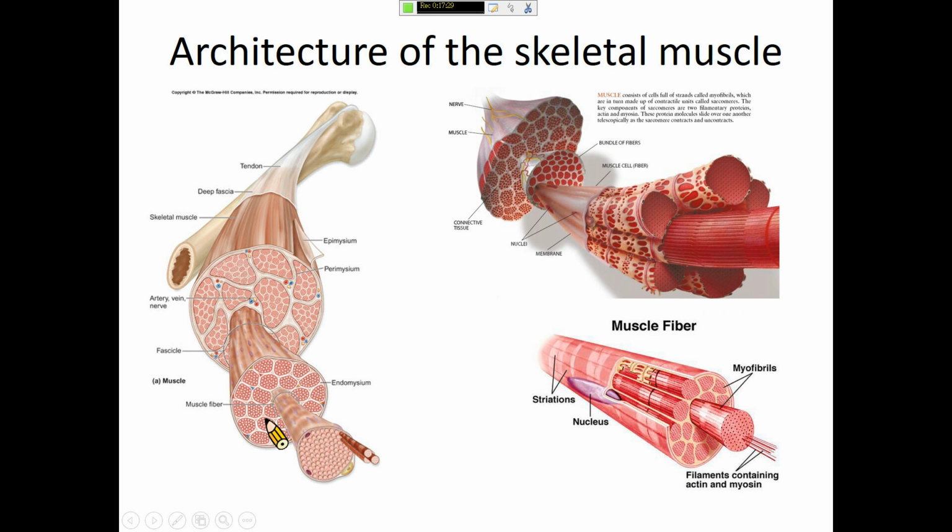So the precise control is difficult. So if you want to do something very precise, very accurate, you need to use smaller muscles. And the eyeball is very accurate, very quick.